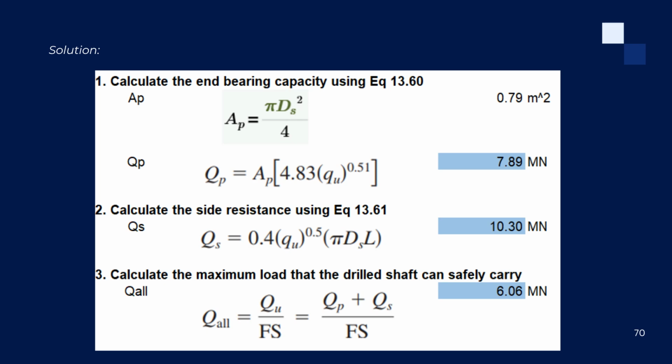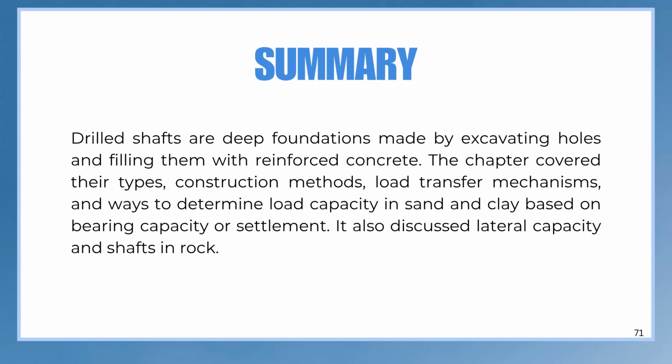QS is equals to 0.4 times QU to the power of 0.5 times pi times ds times L. Step 3. Calculate the maximum load that the drill shaft can safely carry. Q all is equals to QU over Fs is equals to (QP plus QS) over Fs.